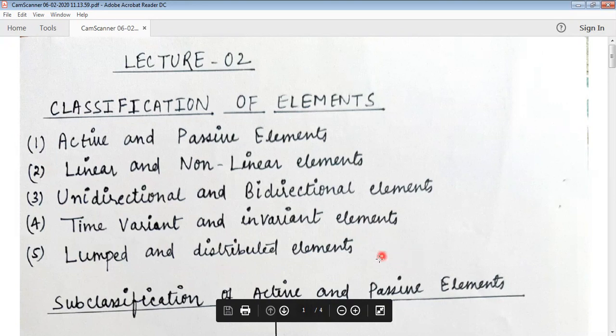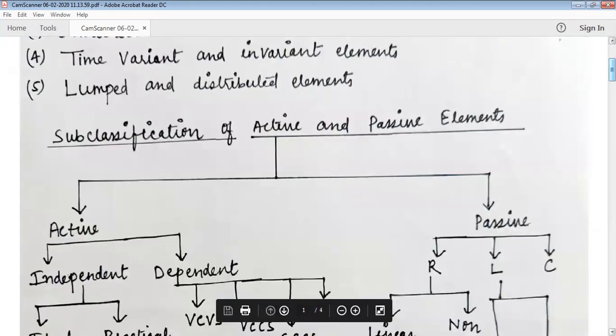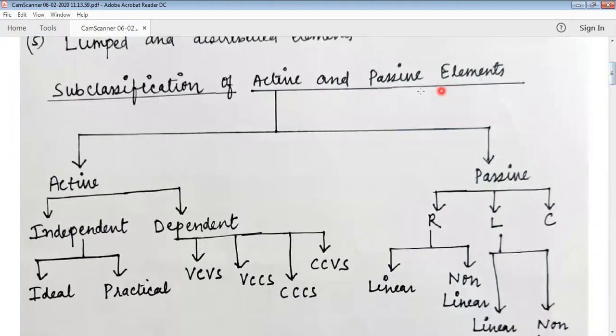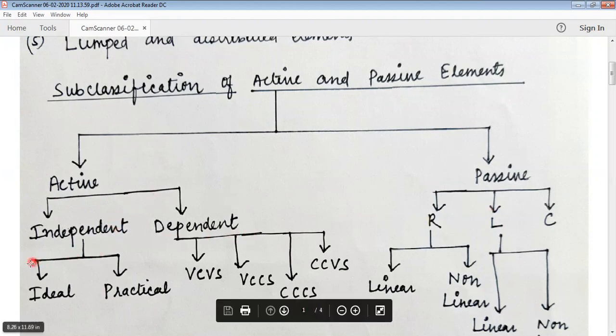Let's start with active and passive elements. Again, active elements are classified as independent active elements and dependent active elements. And independent active elements are classified as ideal independent active elements and practical independent active elements.